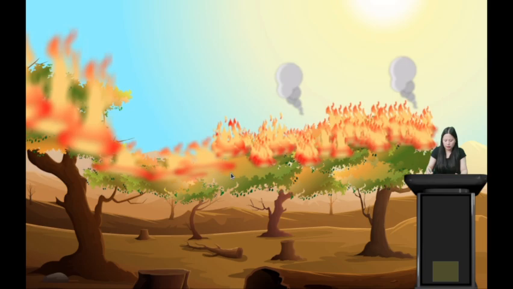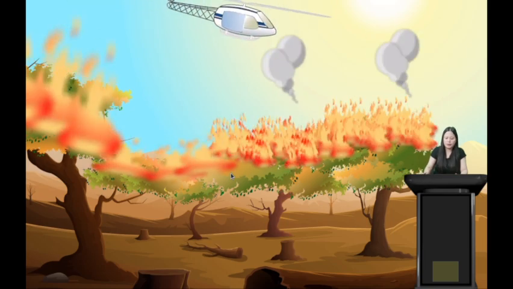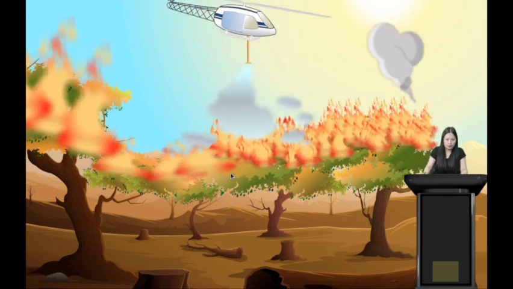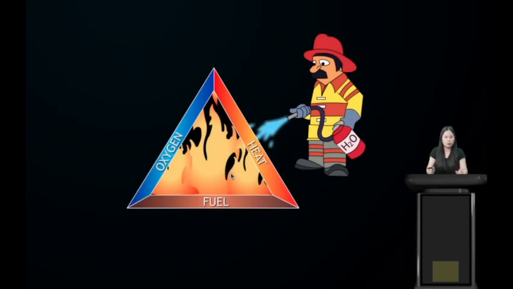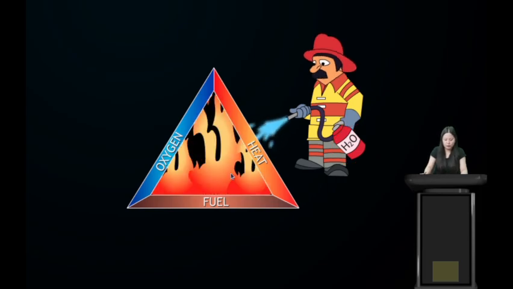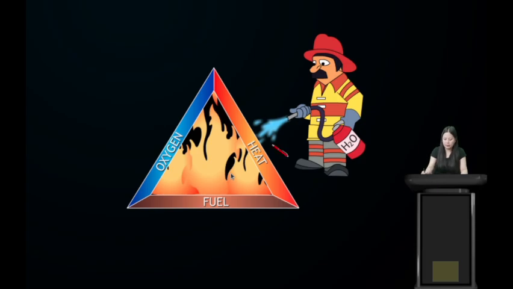When there is a forest fire, you must have seen that they use a helicopter to drop water from above to stop it. So we use water in both of these cases. Which essential component does water remove? Water removes heat in order to control the fire.